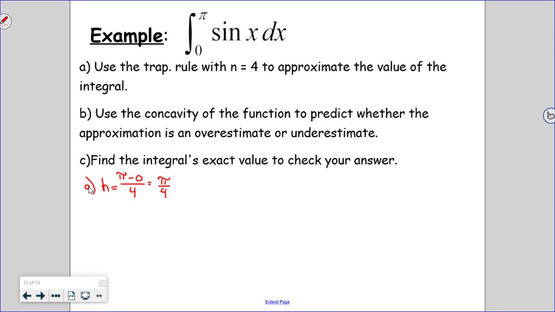So putting this into our trap formula, take your height divided by 2. Pi over 4 divided by 2 would be pi over 8, right? Times, and then we evaluate at the bottom of our interval first, just one time.